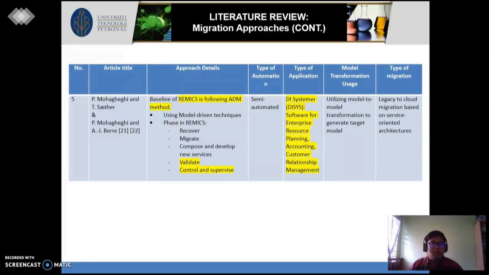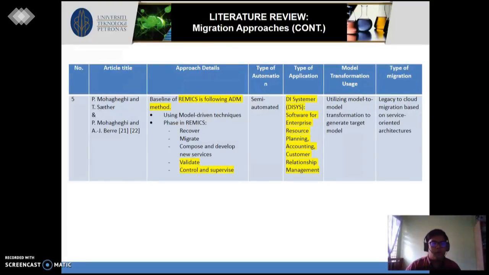Next, from the authors Mohd and Sutter, and Mohd and A.J. Vere. In this approach, they are using ADM as their baseline. Their approach is named ReMIx, and they are using a model-driven technique. In ReMIx, there are several phases.